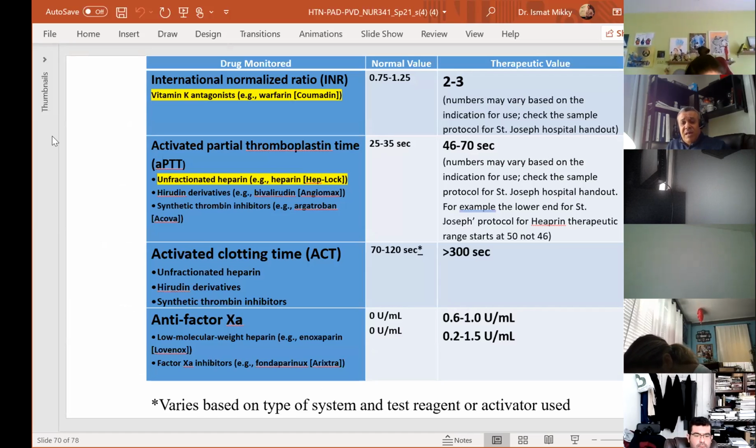They are not thrombolytics, they are anticoagulants. They are going to prevent clot formation, the new development of any blood clot in the future.